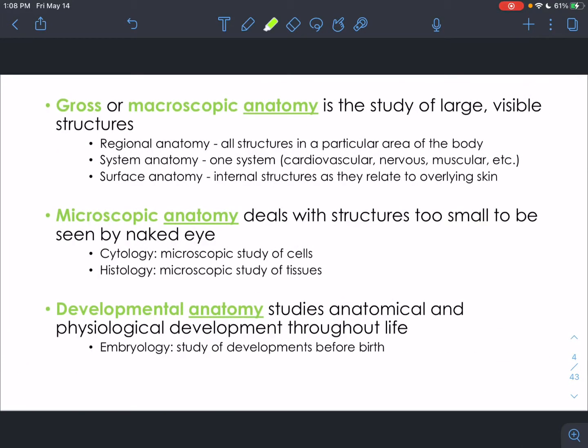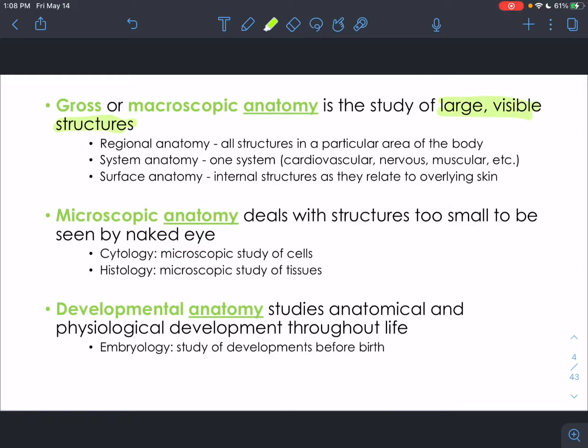Okay. When looking at anatomy, we can divide the anatomy into a few different categories. So again, anatomy is just looking at the structure. But if we're looking at large visible structures, that's considered gross or macroscopic anatomy. Okay, so it's things that we can see with our naked eye.